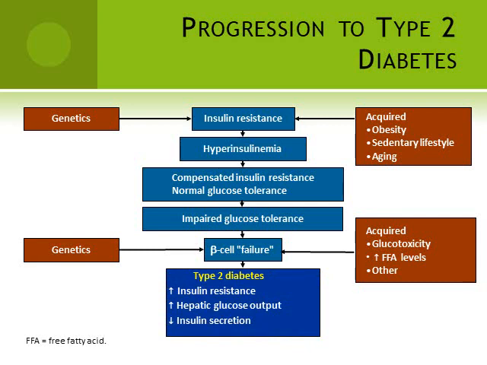Again, like insulin resistance, in beta cell failure environmental factors also play a role. Among those acquired factors, glucotoxicity and increased levels of free fatty acids play a role. Other factors include different endocrinopathies like Cushing syndrome and growth hormone excess in the body.